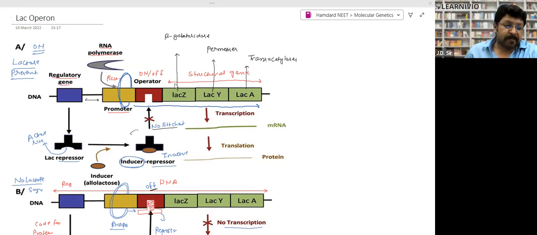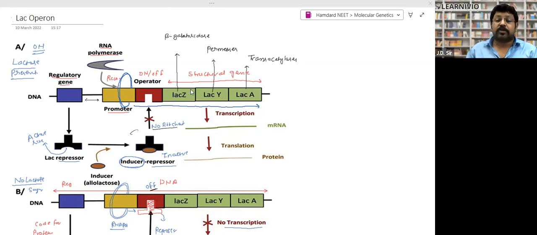This is a structural gene, meaning the part of the gene which codes for a particular enzyme. That enzyme digests the lactose sugar. The LAC-Z gene is responsible for the secretion of beta galactosidase. The LAC-Y gene is responsible for the release of permease enzyme. The LAC-A gene is responsible for the release of transacetylase. LAC-Z, LAC-Y, and LAC-A are called structural genes.